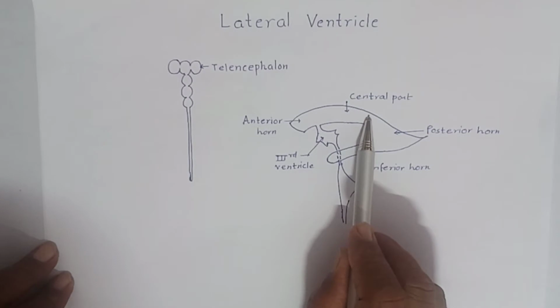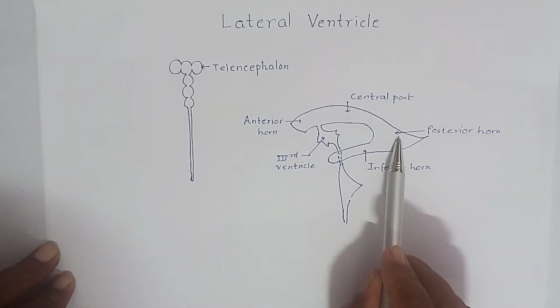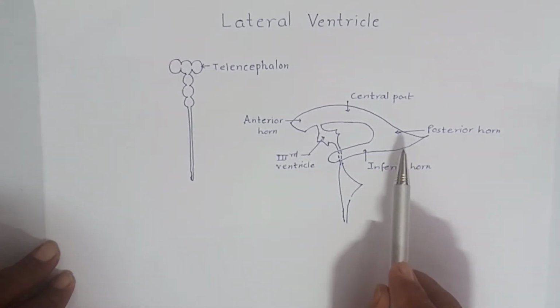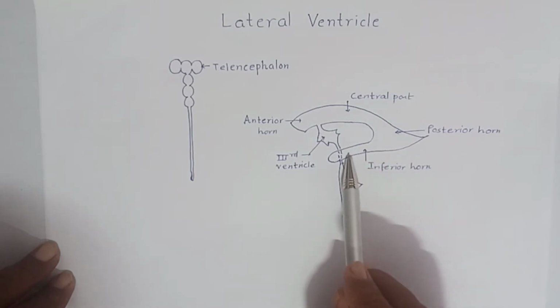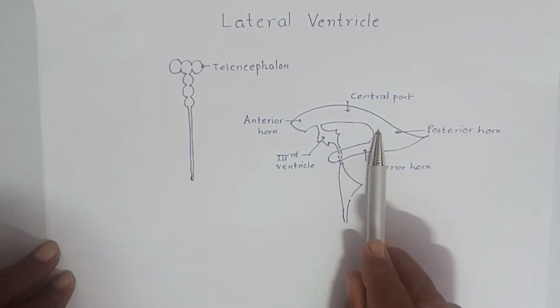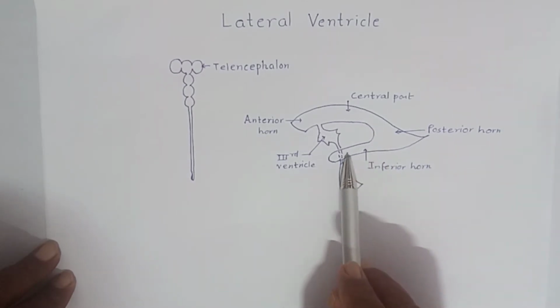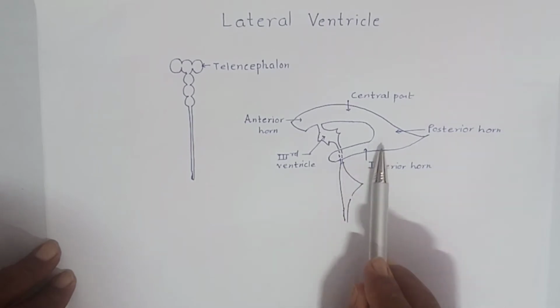Central part mainly lies in parietal lobe, while the posterior horn extends backwards posteromedially in the occipital lobe. The inferior horn is the longest one. It begins behind the thalamus, first passes laterally and then inferiorly on anterior side.